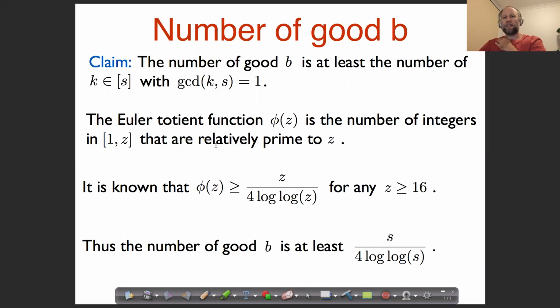And it's known that phi of z is at least z over 4 log z, as long as z is sufficiently large, just at least 16. So what that tells us in our case is that the number of good B is at least S divided by 4 log S. So good B's are relatively prevalent.